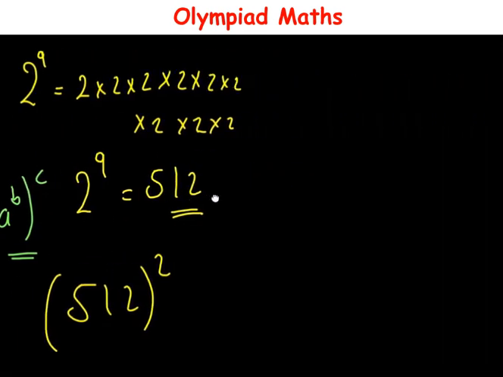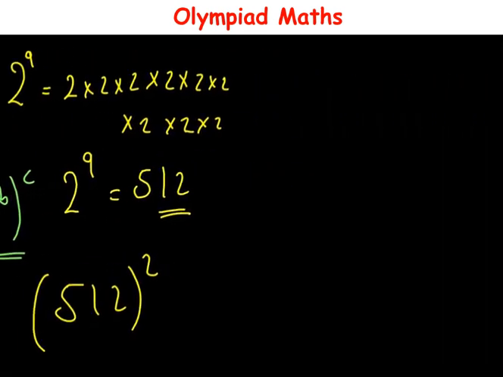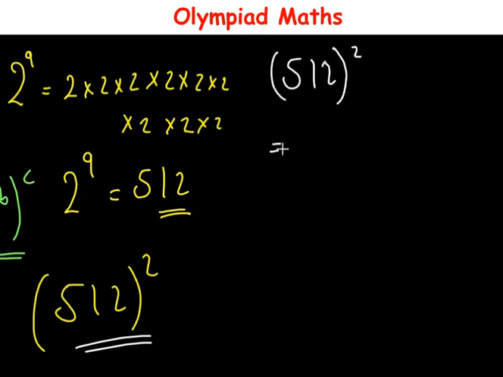So from here, we need to simplify the value of 512 squared. Doing this right here, we have 512, all raised to power 2. This is equal to, we can write it as 500 plus 12, all raised to power 2.